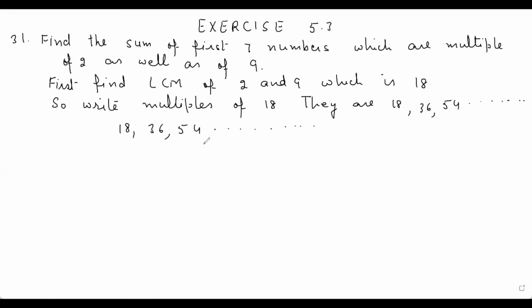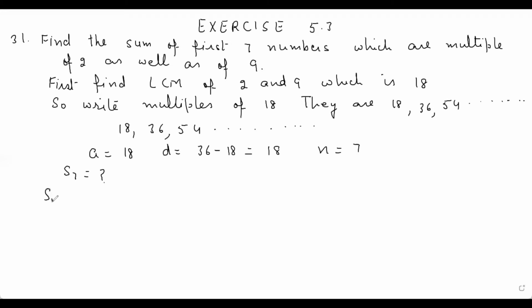They are the numbers which are multiples of 2 as well as of 9. Now you have to find the sum of first 7 numbers. So here a is 18, d is equal to 36 minus 18, that is 18, and n is equal to 7. You have to find S7.